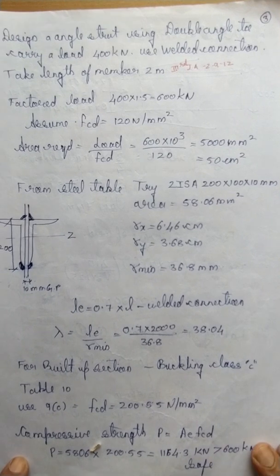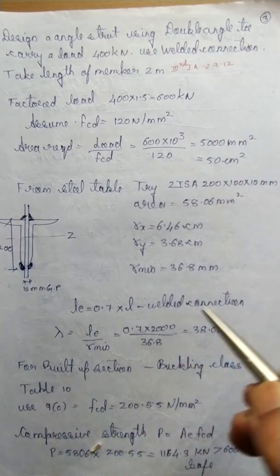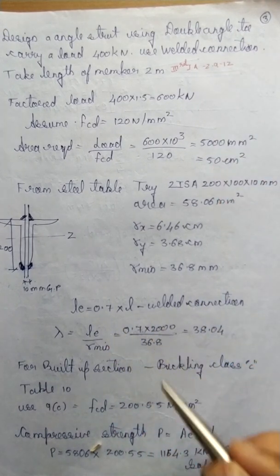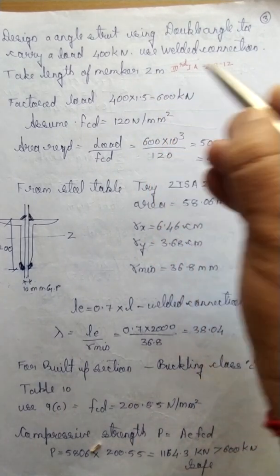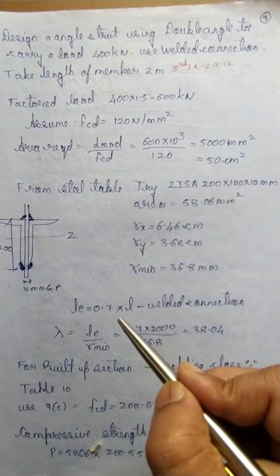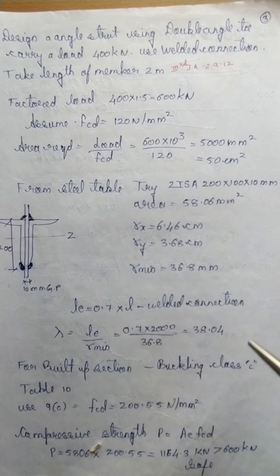So let us find the ratio. Now assuming LE is equal to 0.7 L because it is a welded connection, then lambda is equal to LE by R minimum. LE we have found out, that is 2 meters into 0.7, and R minimum is this. So we are working out lambda is equal to 38.04.